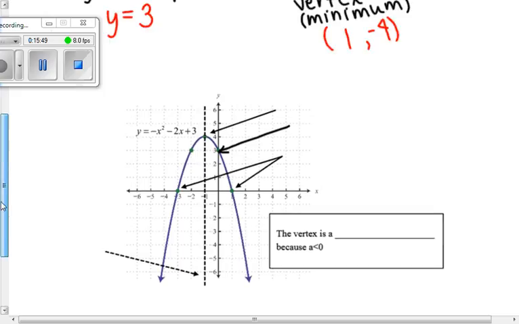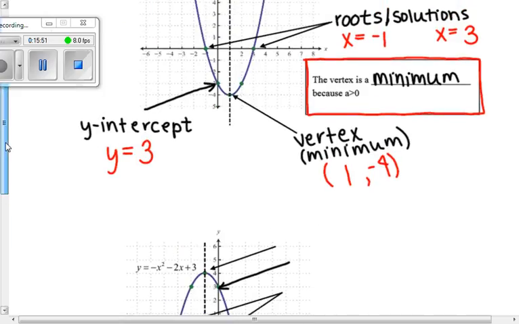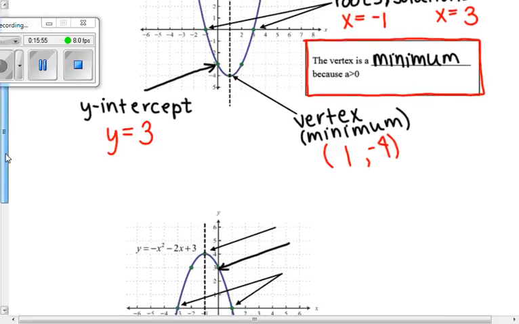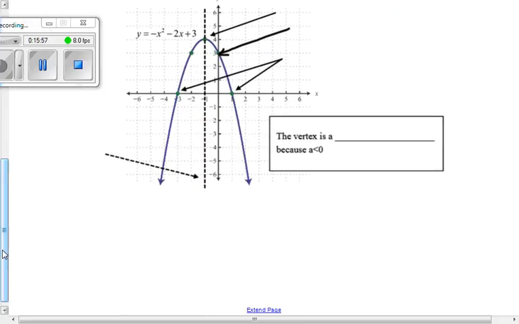Well, our last box: if the vertex is a minimum, a is greater than 0. So this bottom one is a is less than 0. Well, what's the opposite of minimum? A maximum. So real quick, pause this video, fill in everything, and then come right back and see if you got the right answers.